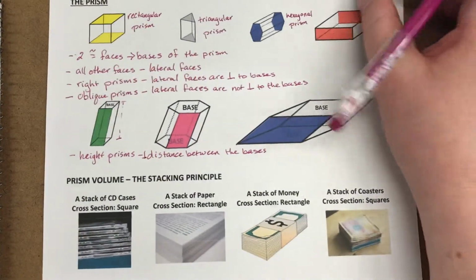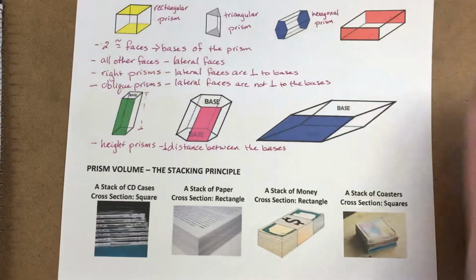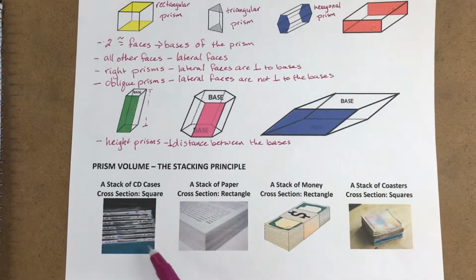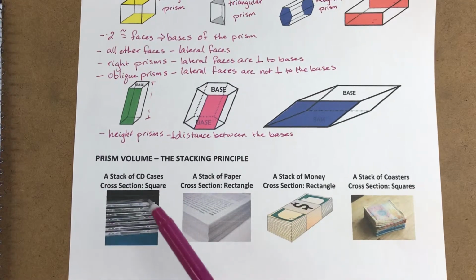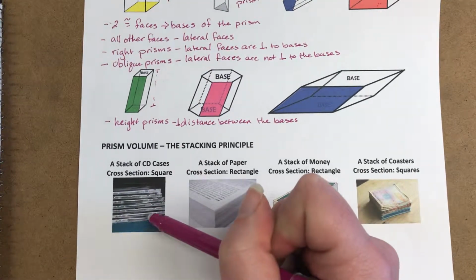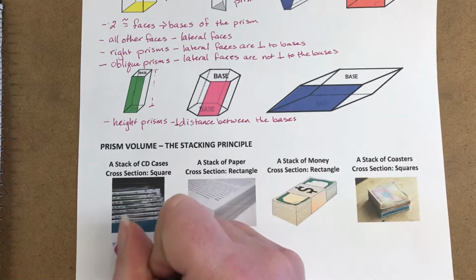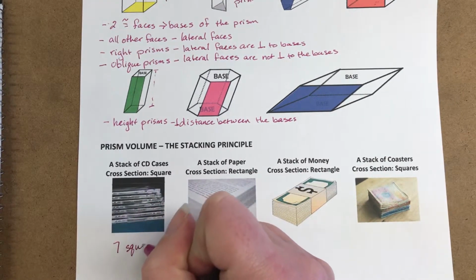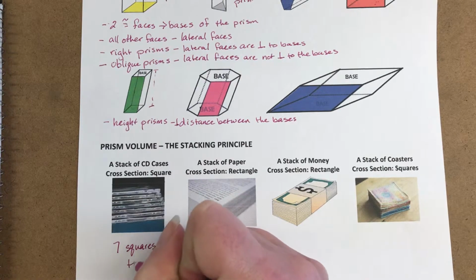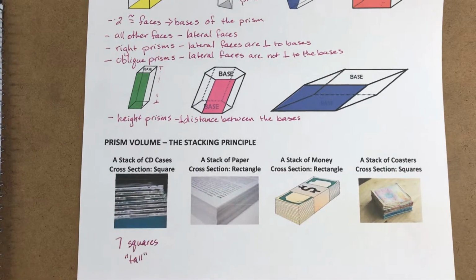So essentially, we just got done with our chapter on perimeter and area. If I take a bunch of rectangles like this and find the area of the rectangles and stack them up, I could find the volume. Like here I have 1, 2, 3, 4, 5, 6, 7 squares tall, essentially.